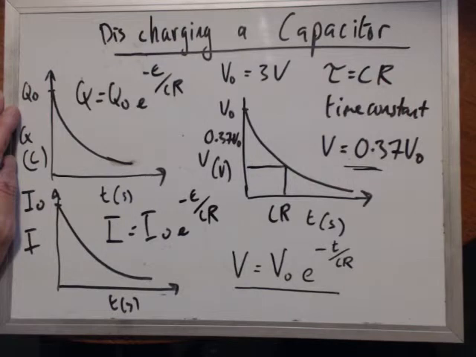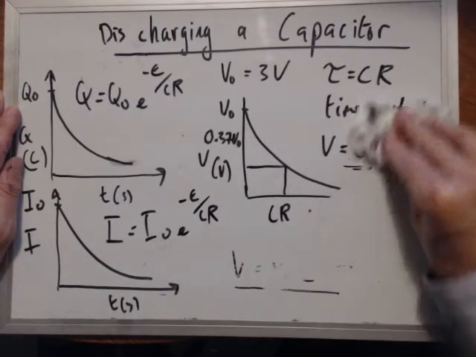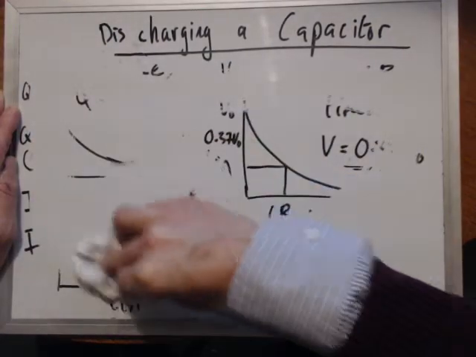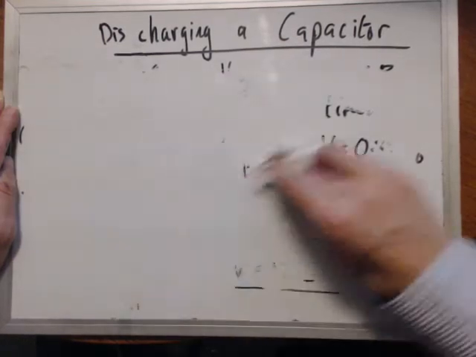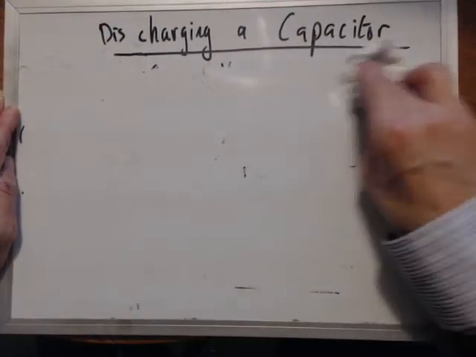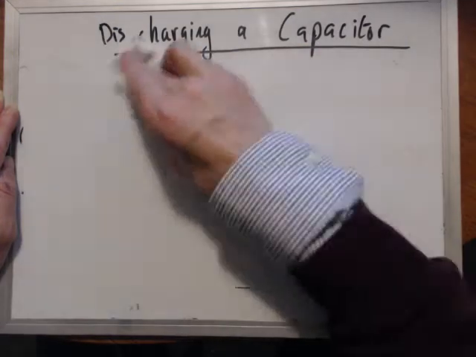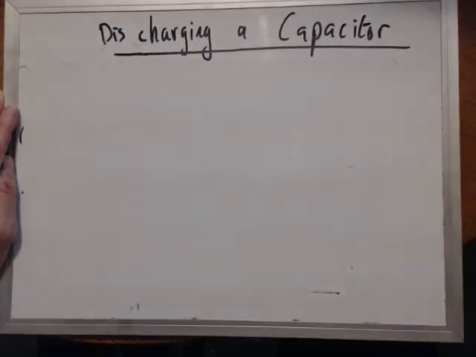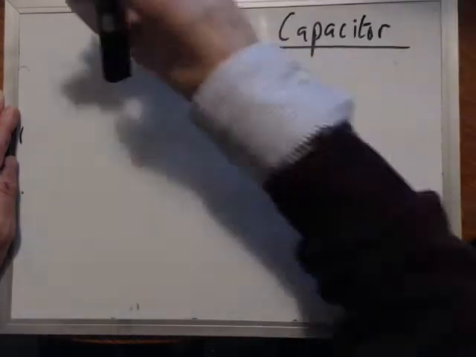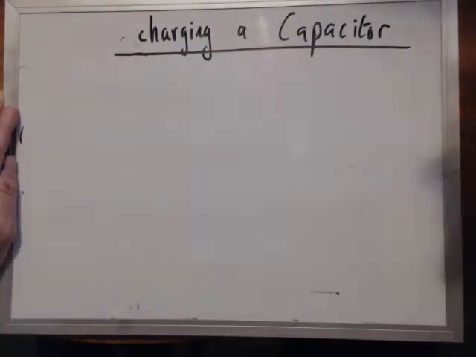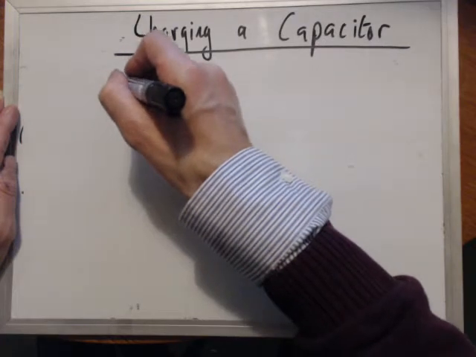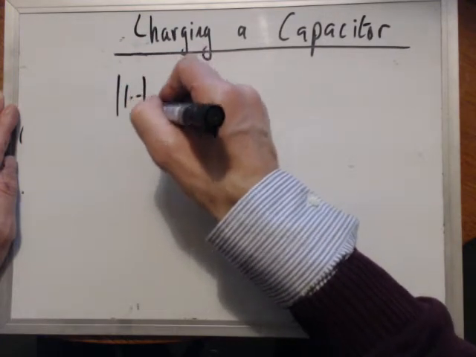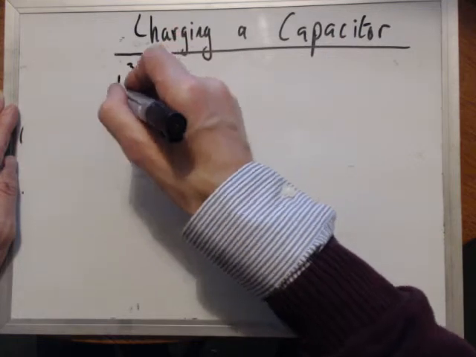Now we'll briefly look at the charging curves, which are very, very similar. Now, if we were to charge, we can change this to charging capacitor. So here's our 3-volt battery if you like.